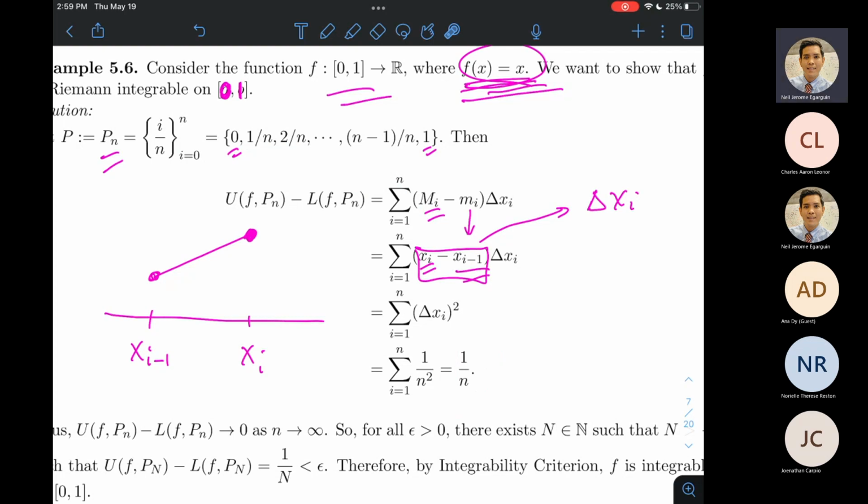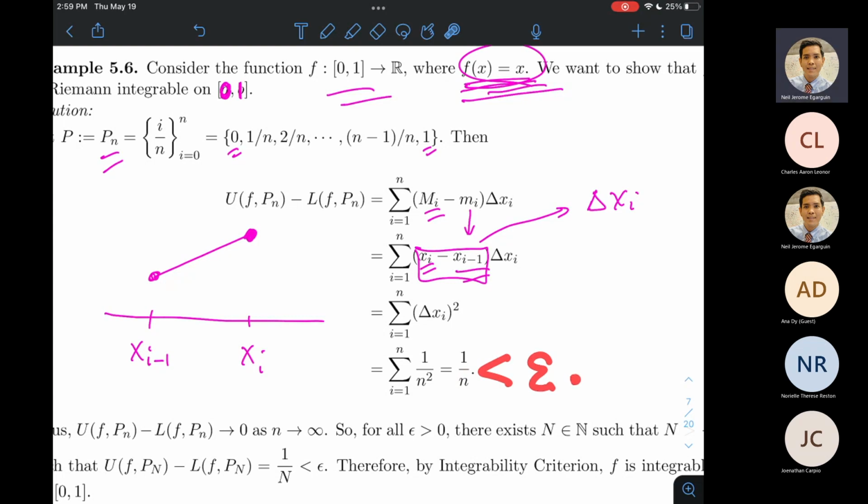Okay? Tapos pag binigyan tayo ng kahit na anong epsilon greater than 0, I can always find a little n such that 1 over n is less than epsilon. Do you guys remember kung bakit totoo yun? Nabigyan ako ng kahit anong epsilon greater than 0, alam ko makakapili ako ng little n na natural number na ito ay magiging less than epsilon.